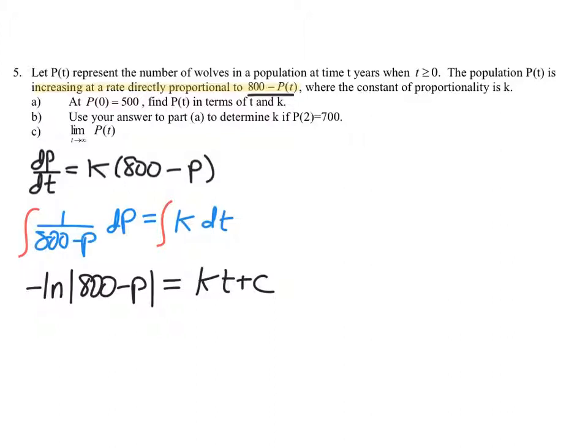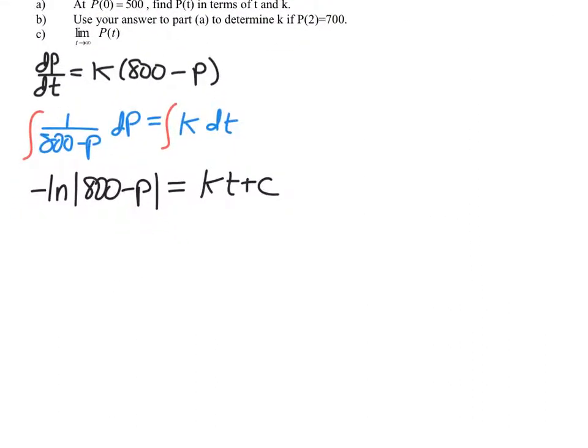Just like the joint variation problem on the previous page, I'm going to negate both sides. I'm going to convert to exponential form.